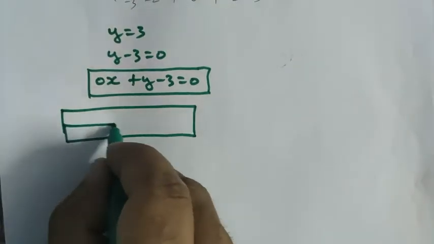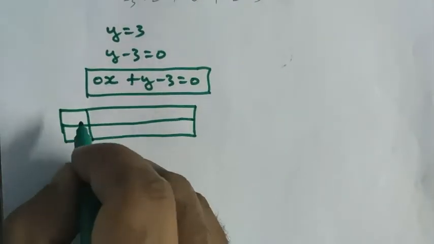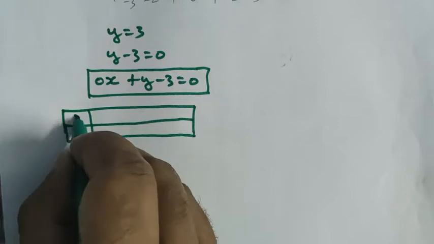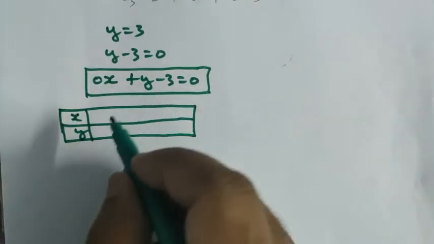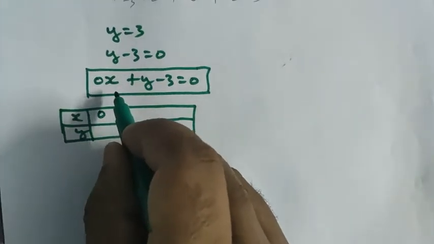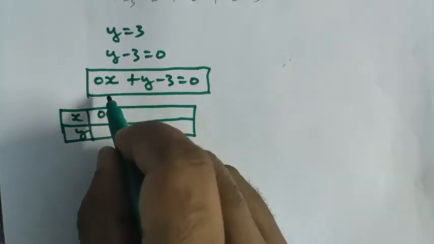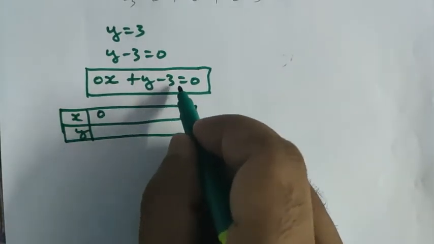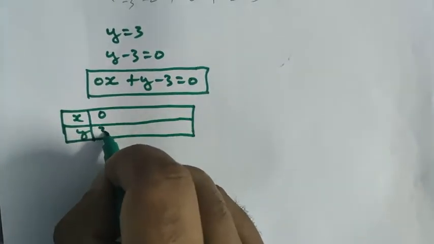Let's solve it. Suppose we take any three values. If we substitute x equals 0, then 0 into 0 is 0, plus y minus 3 equals 0, so y equals 3.